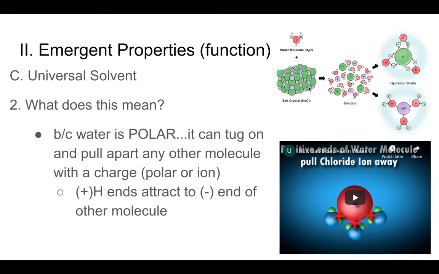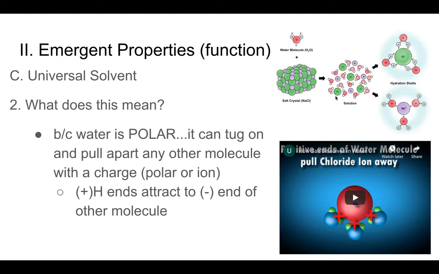This is a salt crystal, so sodium and chlorine. Sodium is positively charged and chlorine is negatively charged. Salt is an ionic compound. So when water starts interacting here, the different regions of the water molecules will be attracted to these different charged molecules in the salt and will slowly and surely pull it apart.